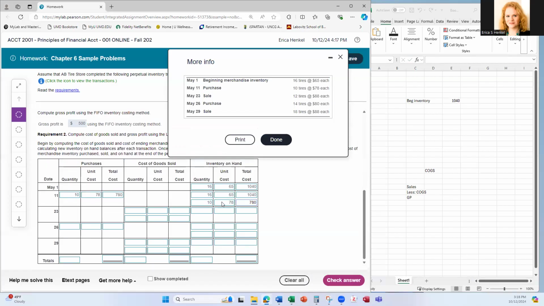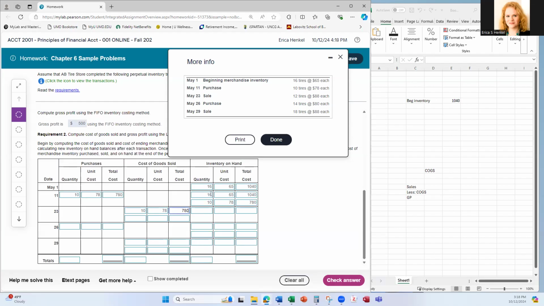All right, so under this LIFO method, I'm going to put first the bottom layer. The bottom layer, the newest stuff, is 10 tires at $78 for 780 total. Now we sold 12 tires here, so this only accounts for 10 of those. So we need to go from the bottom up on this method for LIFO.